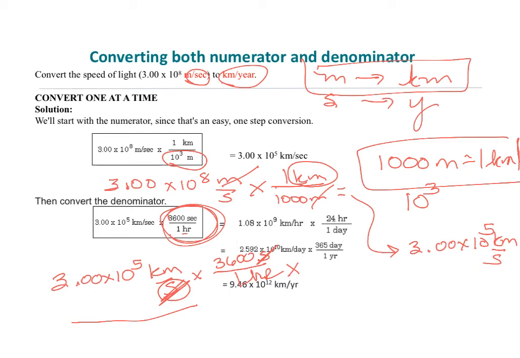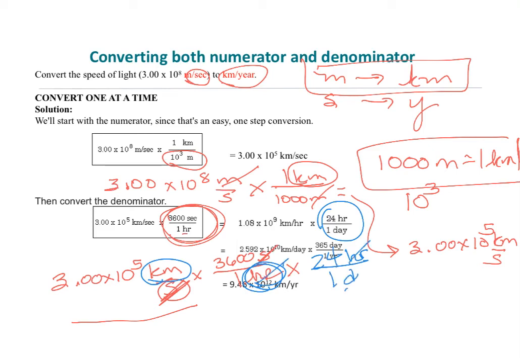So what do I have left for units now? I'm going to leave the kilometers alone, but the units in my denominator are now hours. So I now have to convert from hours to days. There are 24 hours in a day. Hours is still in the denominator, so hours has to go in the numerator, so it cancels. 24 hours in 1 day.